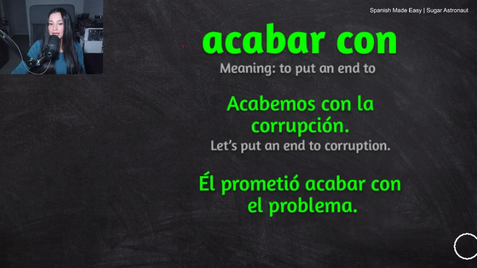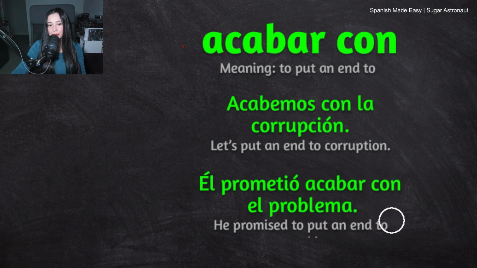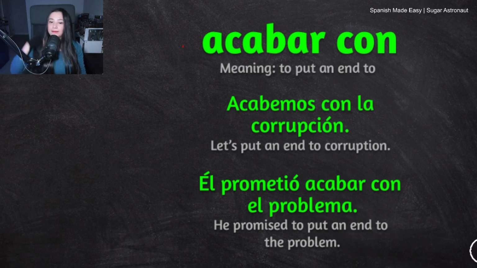Él prometió acabar con el problema. Okay? This means he promised to put an end to the problem. Okay? Let's break it down. Let's see how it works.